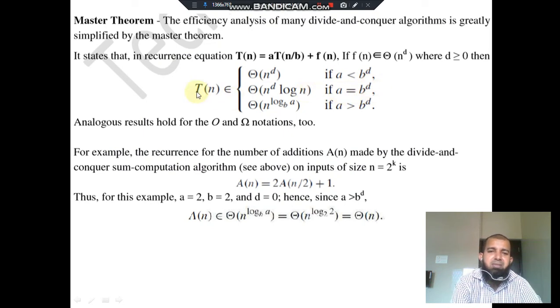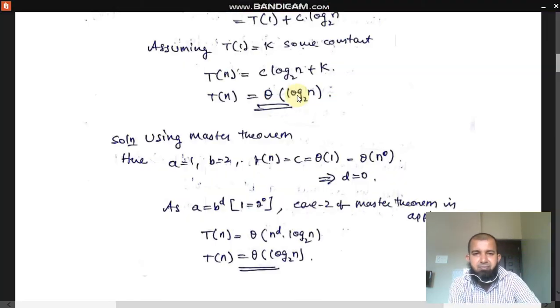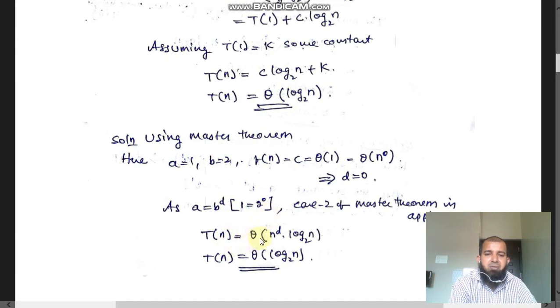Therefore T(n) belongs to theta of n to the power of d log n base 2. The d value is 0 here, n to the power of 0 is 1, so what remains is theta of log n base 2. So you get the same answer. Using the substitution method you get the same answer, and using the master theorem you also get the same answer.